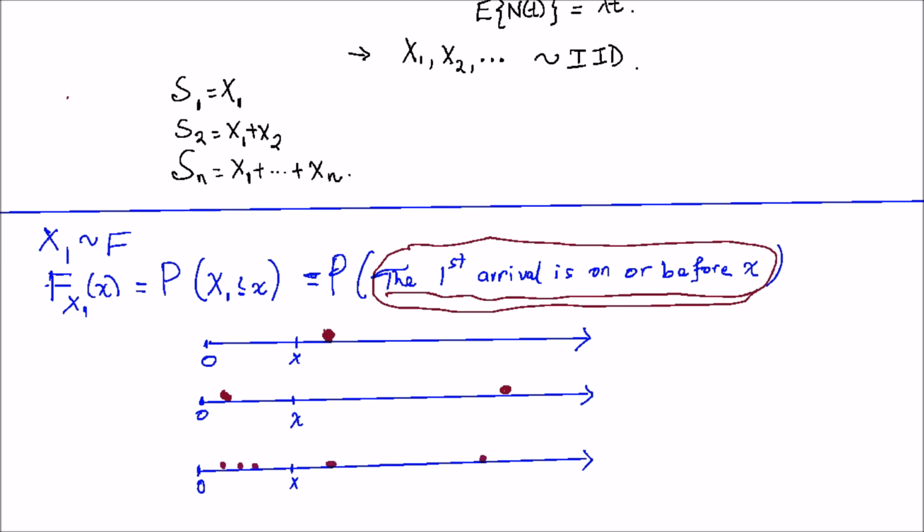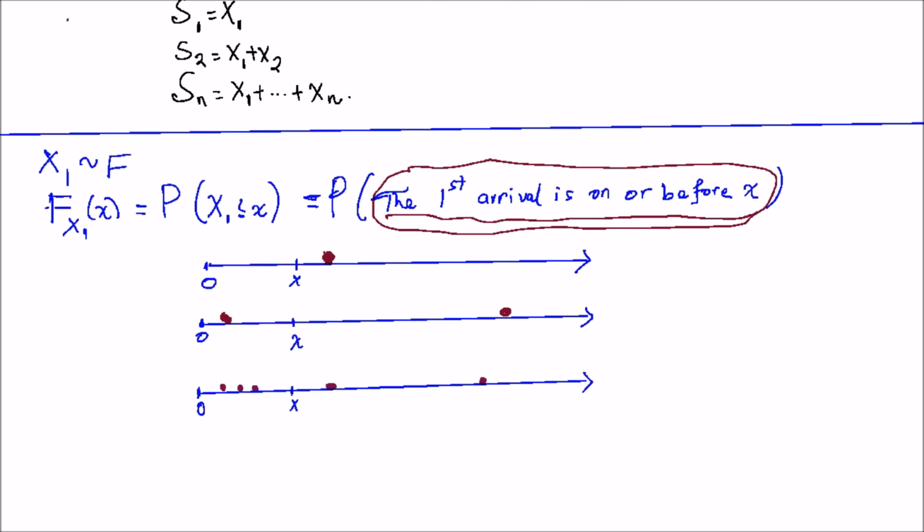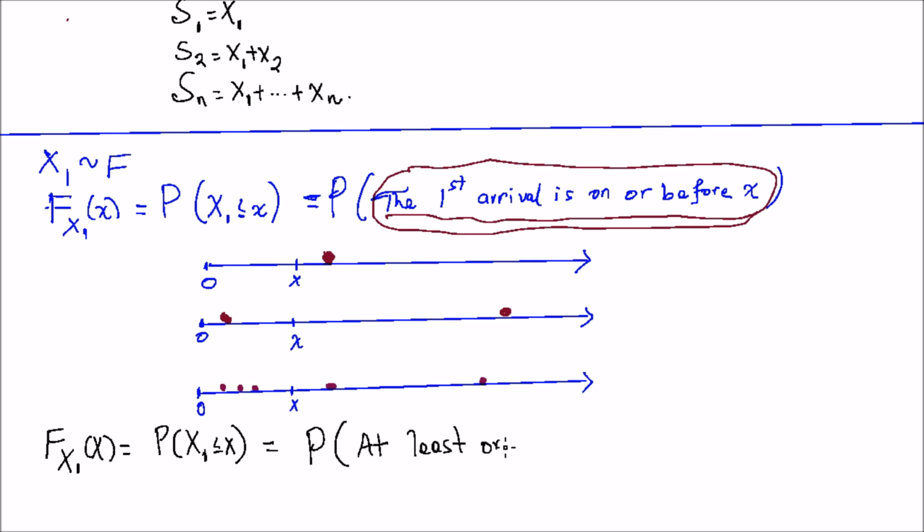And in this situation, the event that the first arrival is on or before time x is satisfied. Therefore, the cumulative distribution function of time to the first arrival is equal to the probability that there's at least one arrival on or before time x.